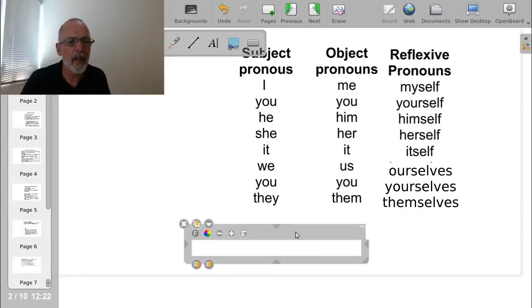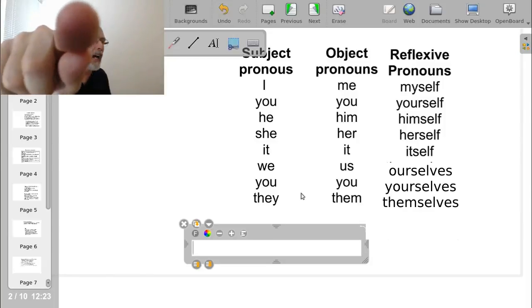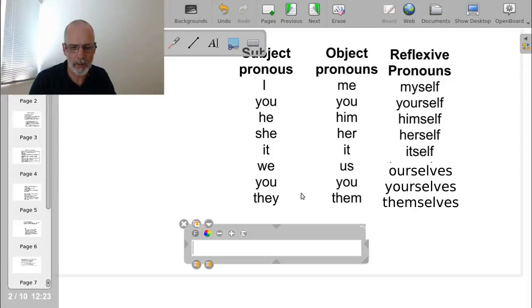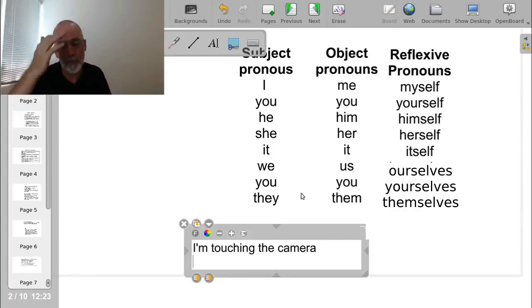For example, if I say, this is my camera here, I am touching the camera. I'm touching the camera right now. So if I want to replace that sentence with pronouns, well, I've already got one pronoun here.